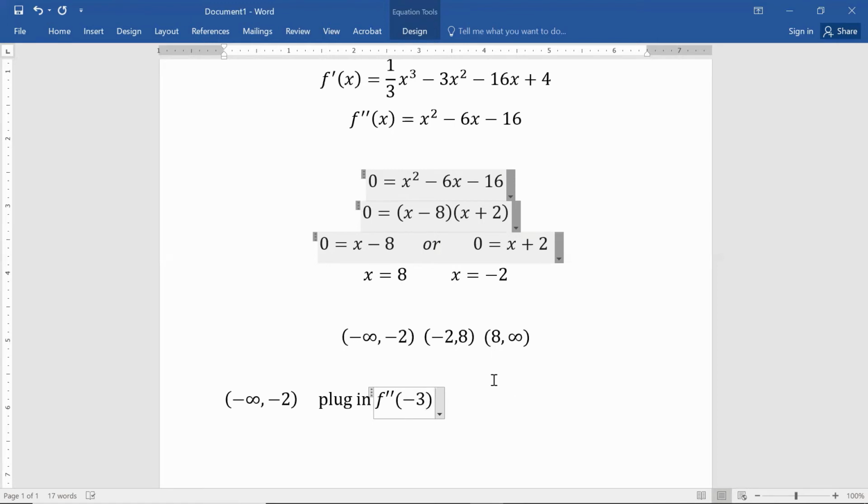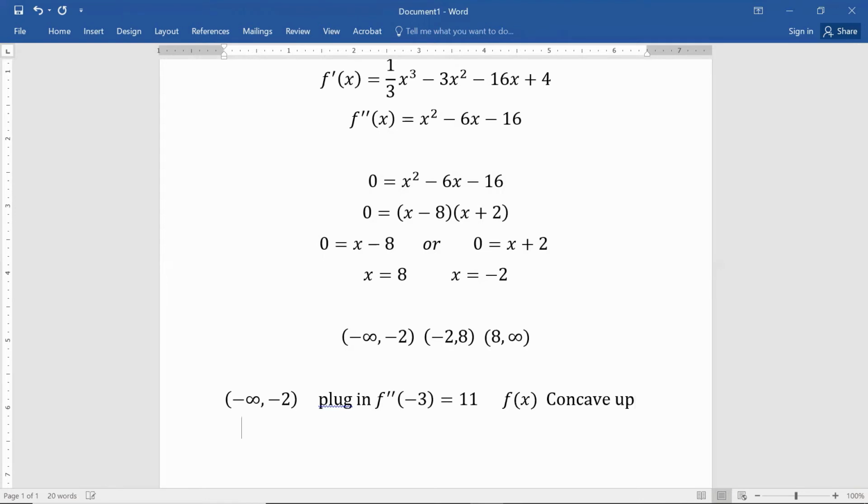So I plug in -3 into x squared minus 6x minus 16. When I did that, I got out a positive 11. And that means along that interval, my original function, f of x, is concave up.